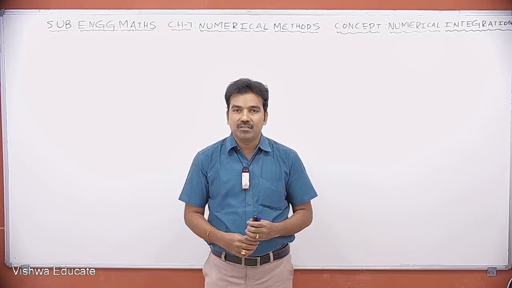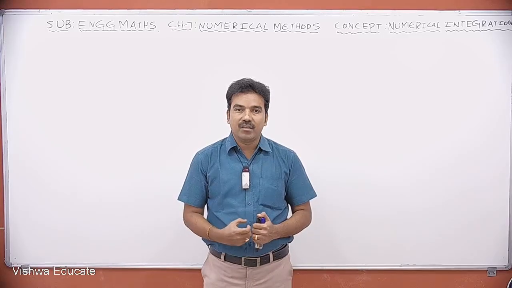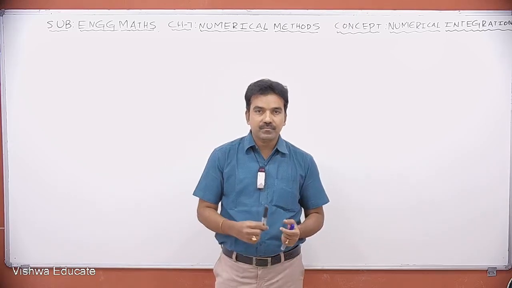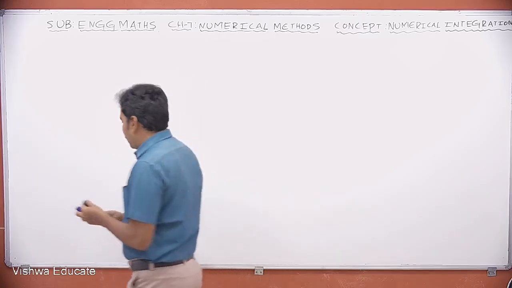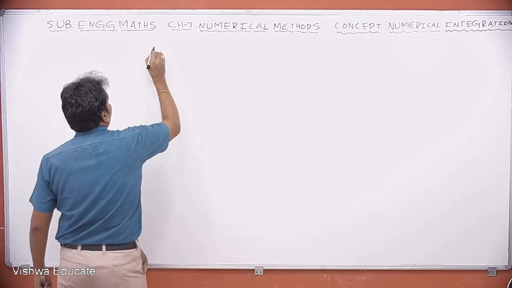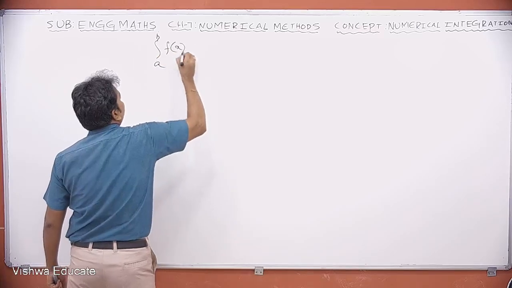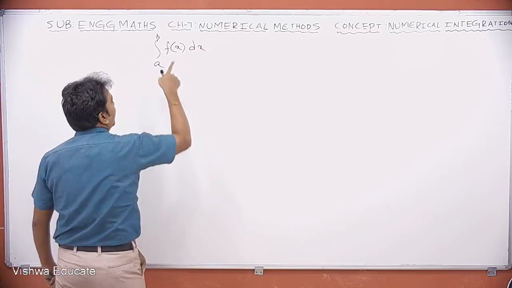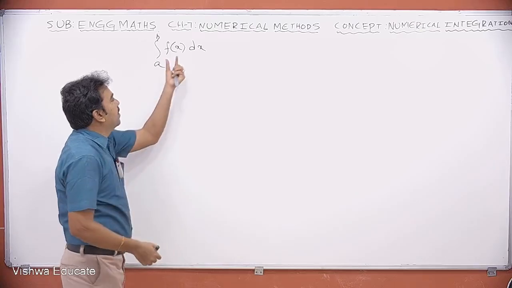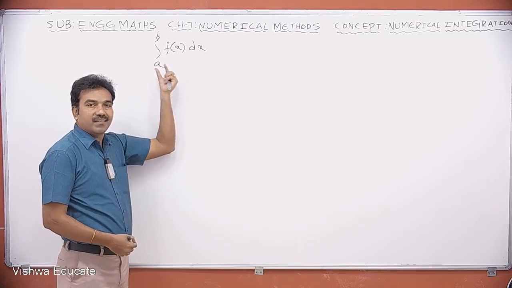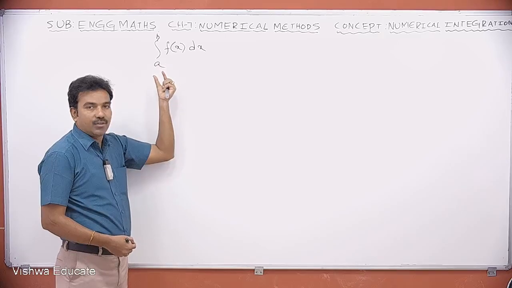Now in this session, that is subtopic 3 of numerical methods, that is numerical integration. My basic task is to find this integral a to b f of x dx. Basically, this represents the area bounded by the curve f of x between the straight lines x equal to a and x equal to b.